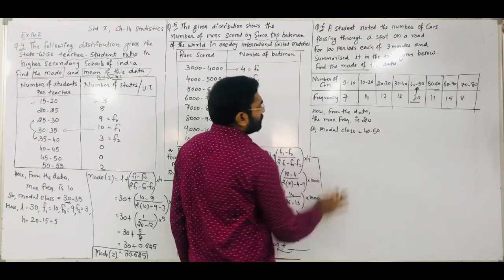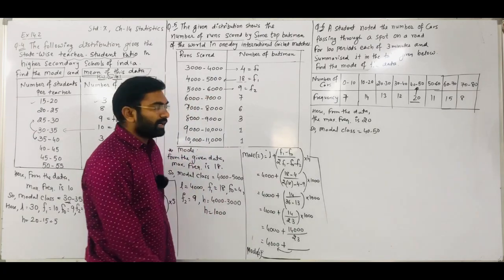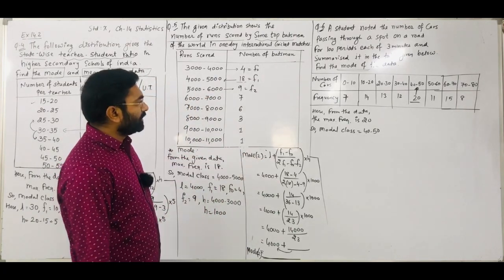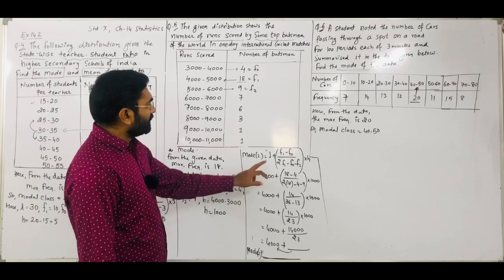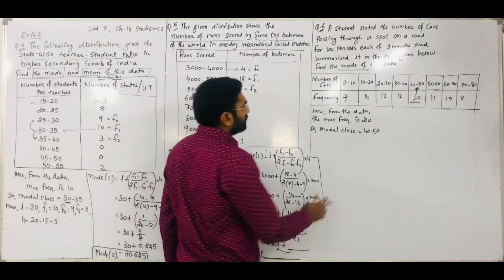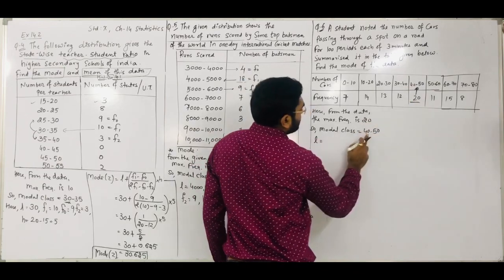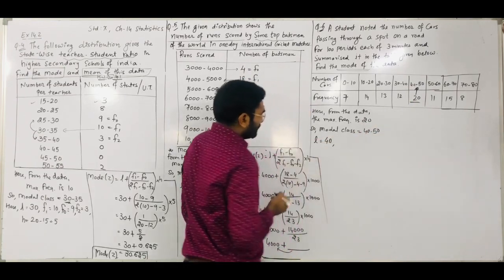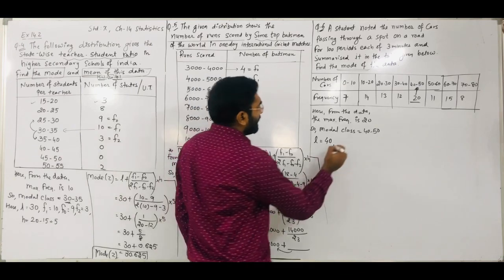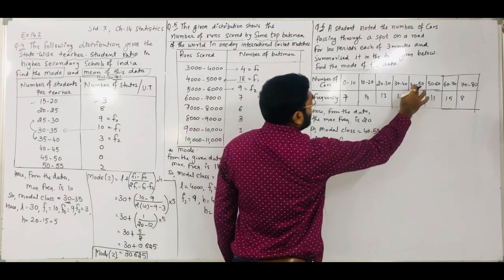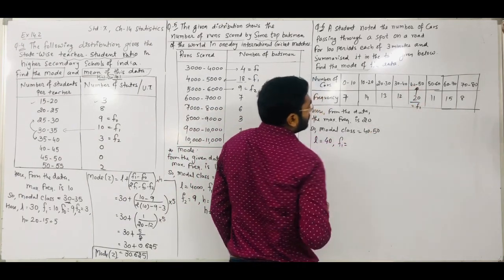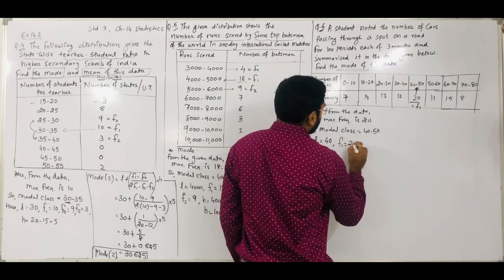Now after deciding the modal class, whatever values we require in the formula, we have to write them. In the modal formula, we require the L value. The L value is represented as the lower limit of the modal class, so the lower limit is 40. Then we require the f1 value. The f1 value is our modal class frequency, which is 20 here.